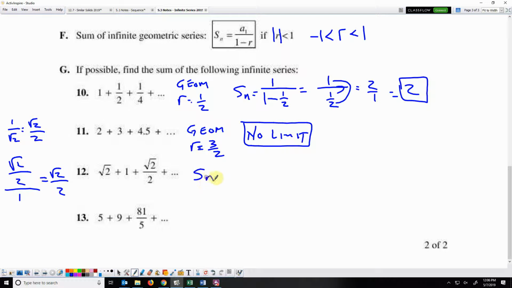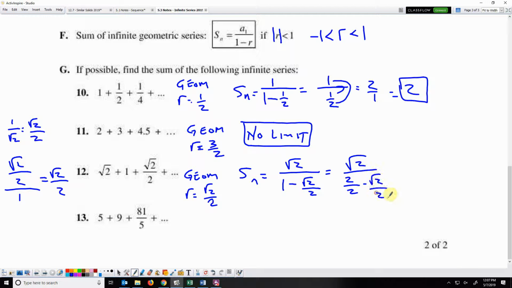S sub n equals, I should make a note that it is geometric, and r is root 2 over 2. So the sum of the series is the first term, which is root 2, over 1 minus r, which is 1 minus root 2 over 2. And 1 is the same as 2 over 2. So we've got root 2 over 2 minus root 2 over 2.